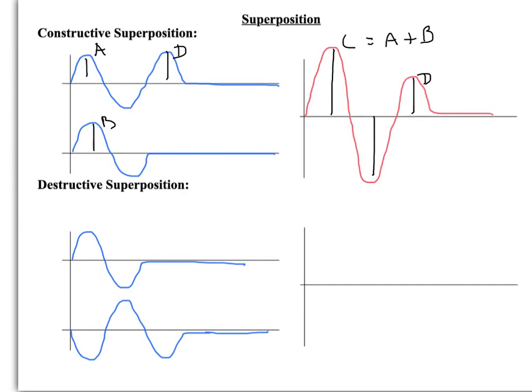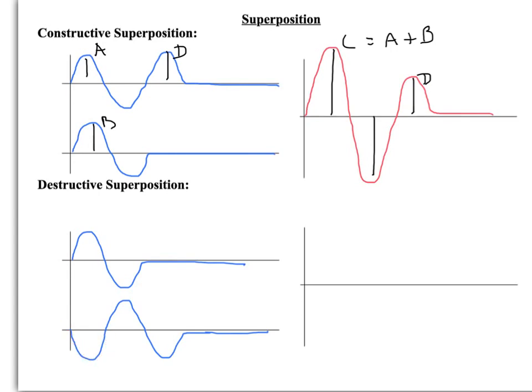If we look at destructive, in this case they're 180 degrees or pi radians out of phase. See, as this one goes up to a maximum, this one goes down to a minimum. So what you get here, because displacement has direction, when you add them together, they'll end up cancelling each other out.